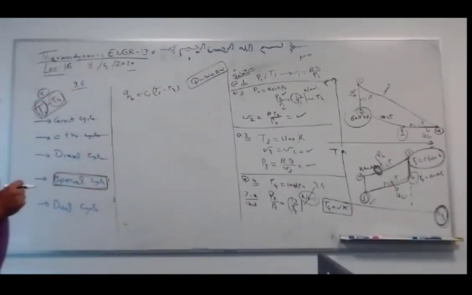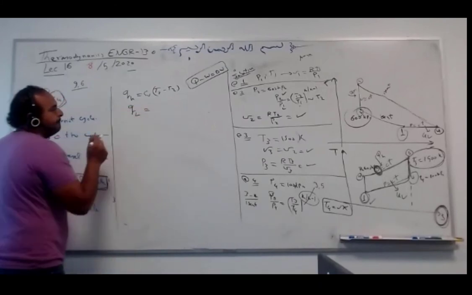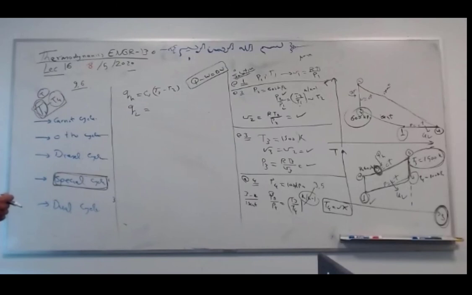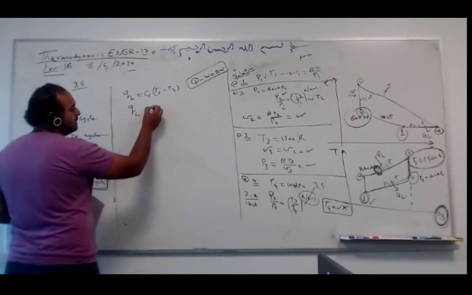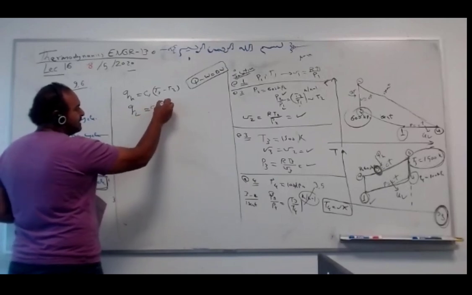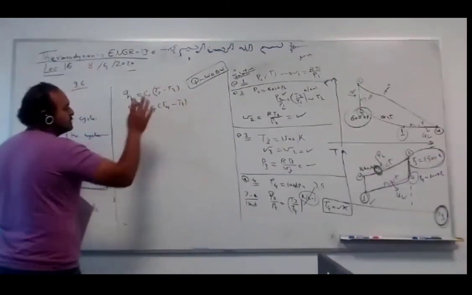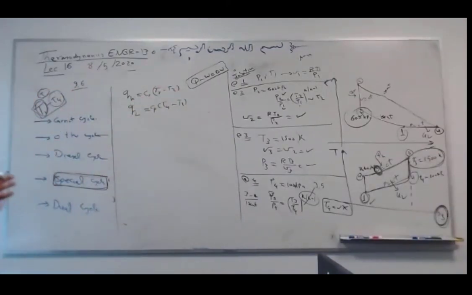Exactly like the Otto cycle. How about Q low? Is it constant volume or constant pressure? Pressure. It means CP, which is T4 minus T1, bigger minus small, always bigger minus small, to get the absolute heat.